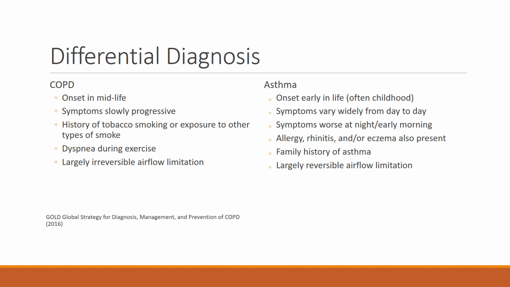Sometimes there's some component of asthma and COPD where there is some reversibility, but primarily it's irreversible. And you can see the reverse, obviously, with asthma. It's mainly a reversible airway limitation. There's a lot of times a family history. And again, the allergy component is often present, whether it's eczema, rhinitis, and allergy symptoms.